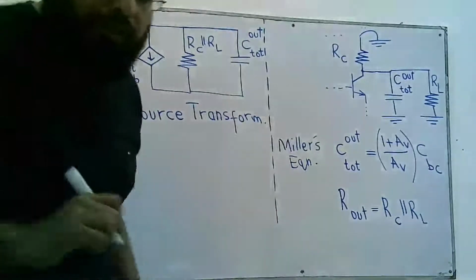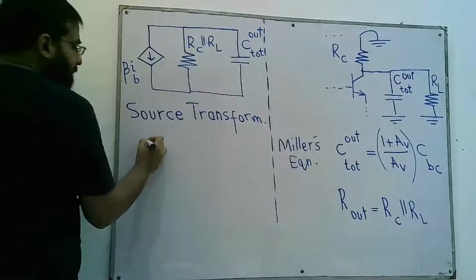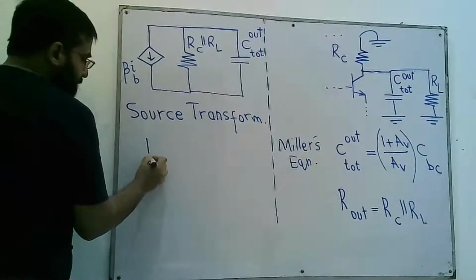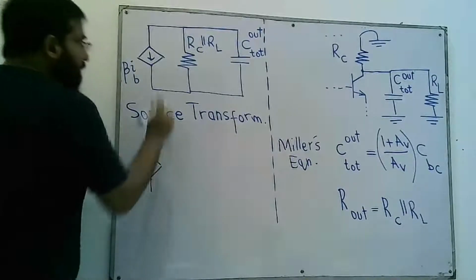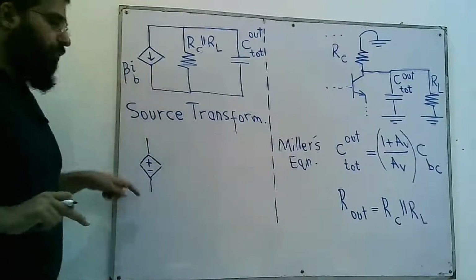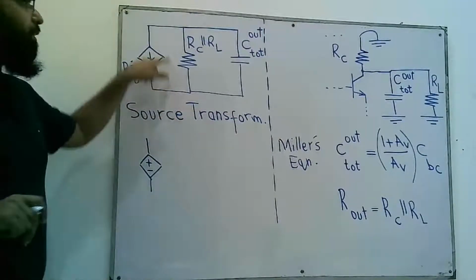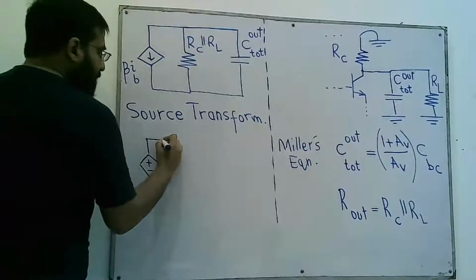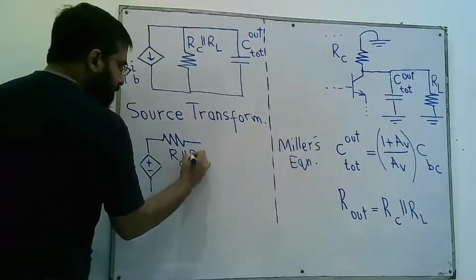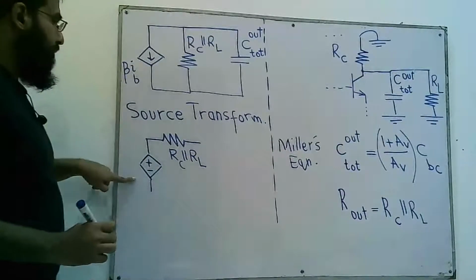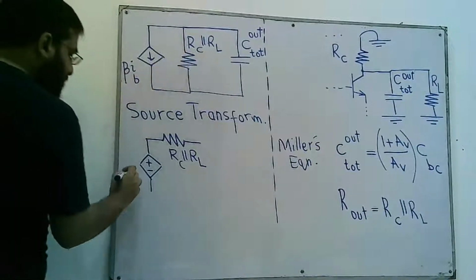In our earlier courses, we have studied that a current source can be converted into a voltage source, and the resistance in parallel with it can be drawn as a resistance in series, and the magnitude of this voltage source is the magnitude of this current source times this resistance.